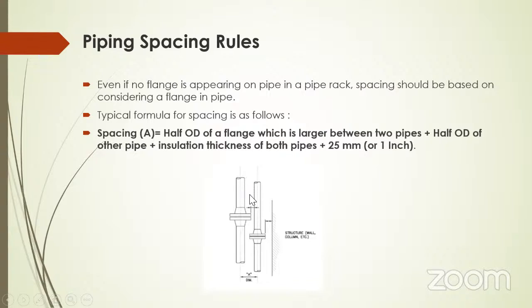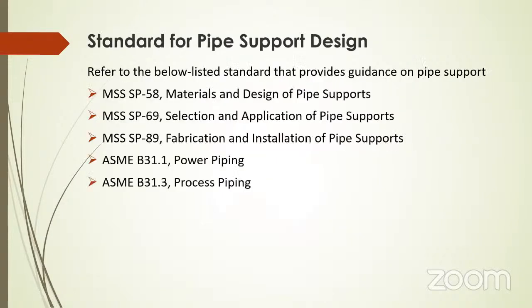So those insulation thicknesses you have to consider, plus an extra 25 mm while laying the pipes, because if you are going to provide pipe shoe supports at the pipe rack, it will be easier. Here also shoe support will come because this is an insulated pipe. This is also an insulated pipe, so here also shoe support will come. So we have to consider this while choosing the space between the pipes. So these are all the things that will affect the piping layout in the pipe rack.